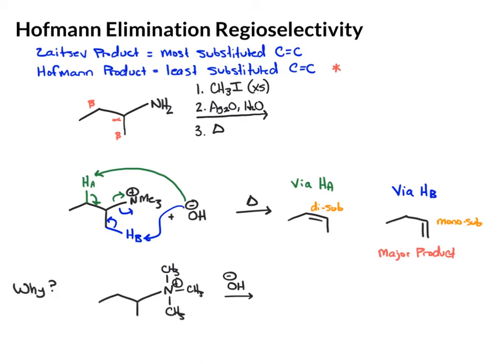So here I've redrawn the molecule, and if we draw in the hydrogen at both beta carbons, do that and that. What you have to realize is this trimethyl ammonium group is a really large group and it takes up a lot of space.